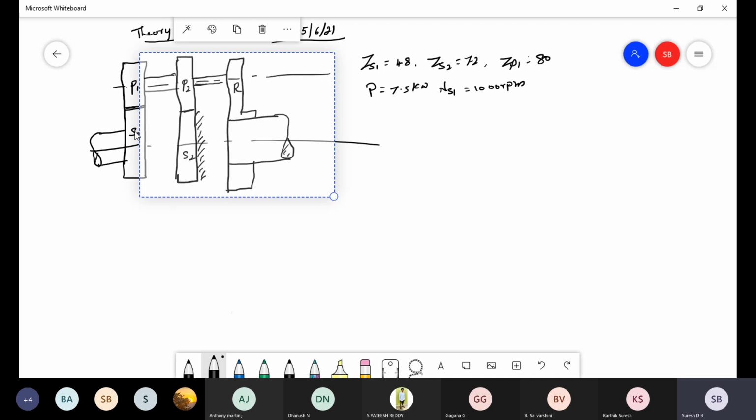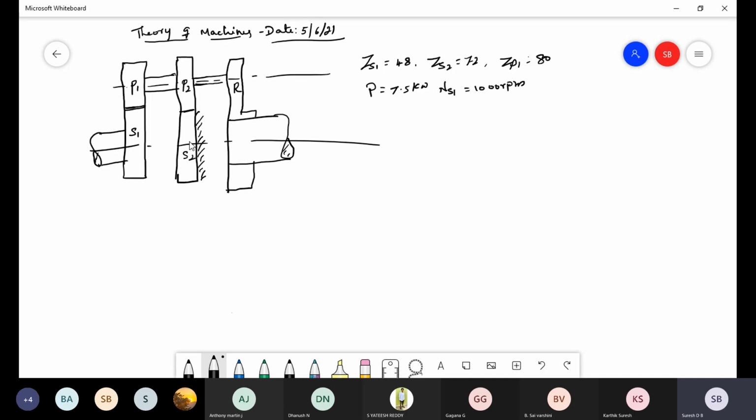Here the gear S1 is meshed with gear P1. P1 and P2 are both connected on the same shaft. Once P1 is rotated, P2 also rotates, because both P1 and P2 gears are mounted on the same shaft. Once P2 is rotated, P2 is meshed with gear S2.